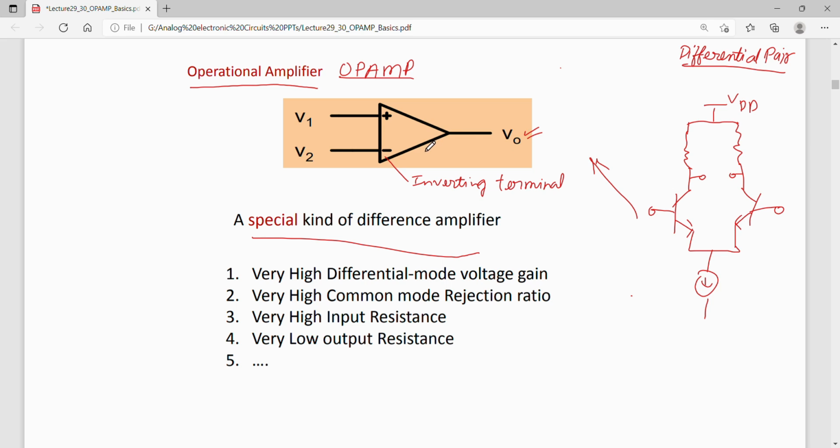It is a little special in the sense that it has these properties: a very high differential mode gain, a very high common mode rejection ratio, a very high input resistance or input impedance, and a very low output resistance or output impedance.